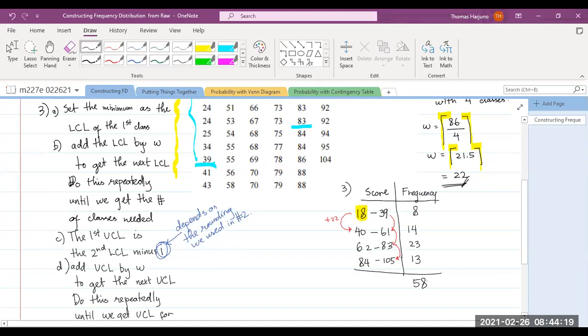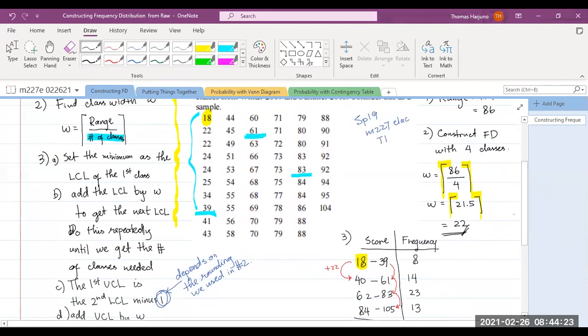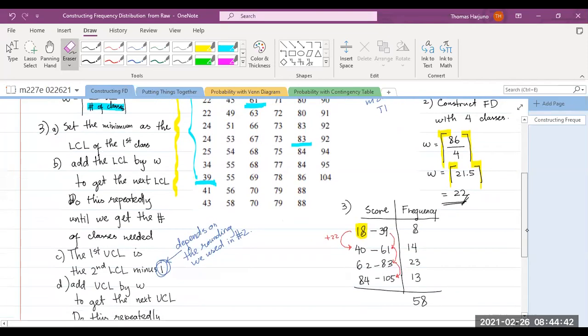Once you get this 58, make sure you check your original data, make sure that they are 58 data. 10 times 5, that's 50, plus 8. Then yes, there are 58 data. Then now you are done with constructing the frequency distribution.